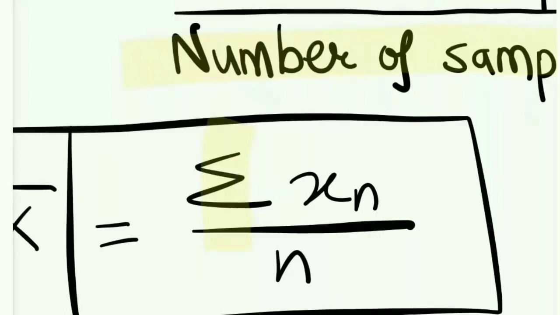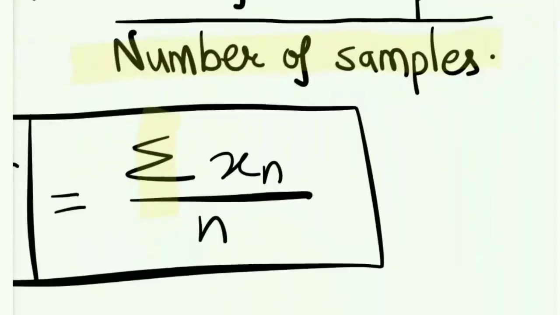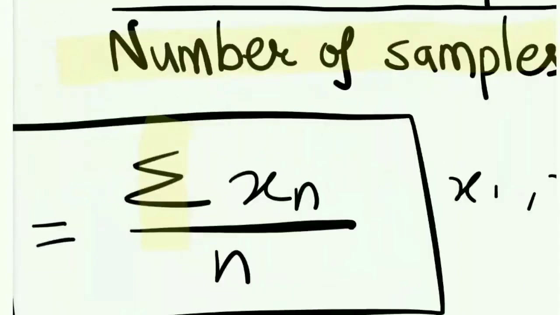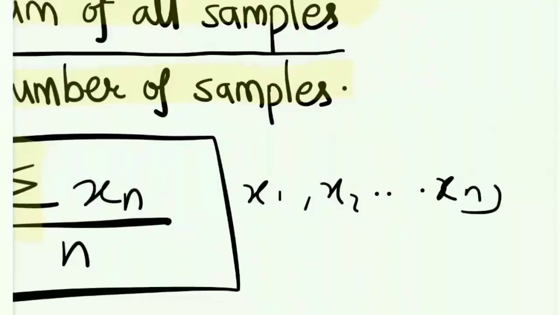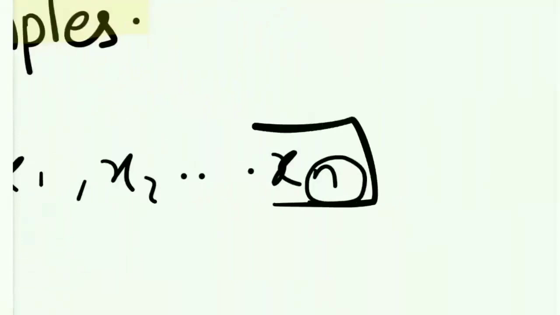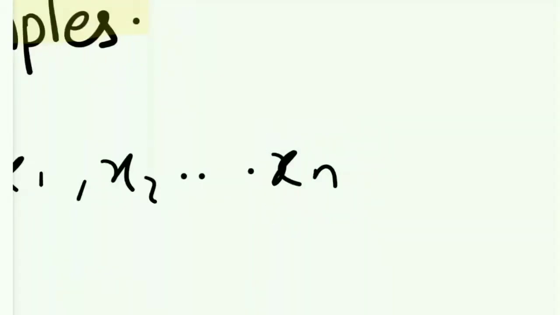Summation of xn, that means x1, x2 till xn. That is all the samples. Summation of all of n samples divided by the number of samples. That is this last value n. That is not the value, not the sample. Number of samples, this n.